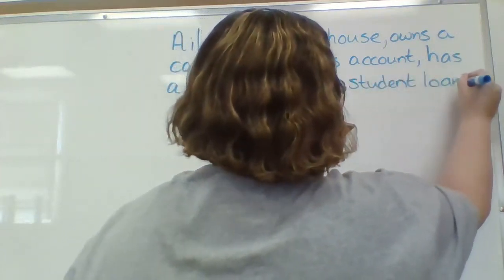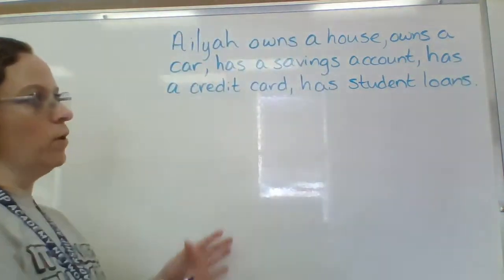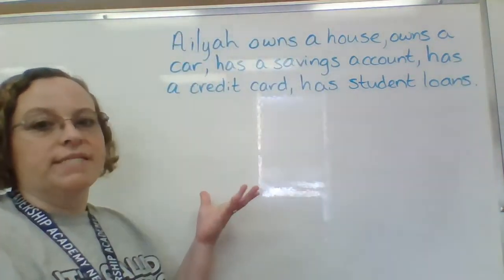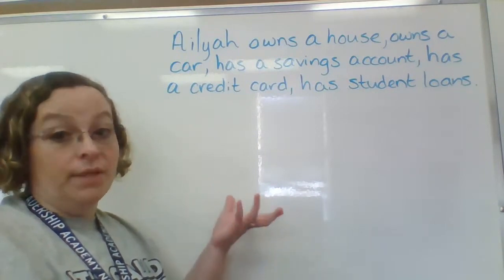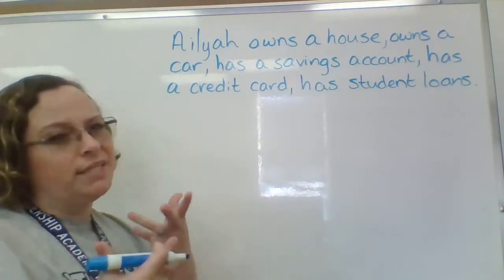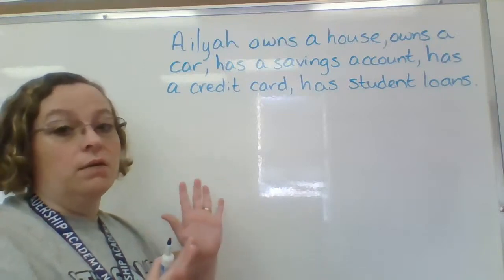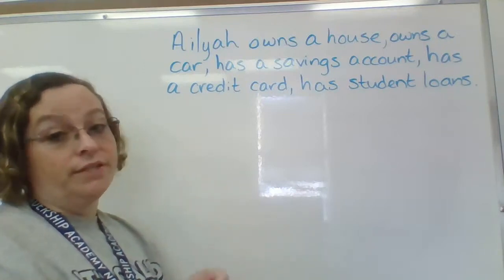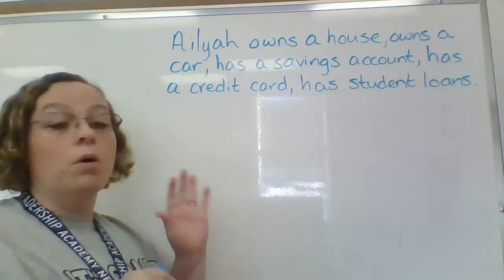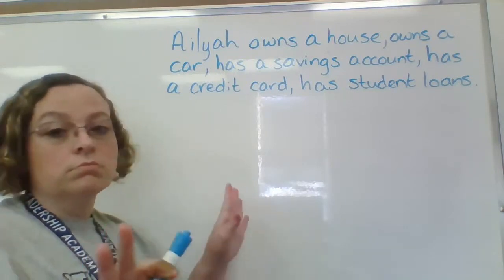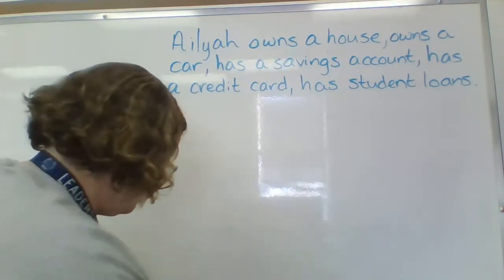All right. So before I put any money with any of it, we're going to look at this and break these down. Which of these are assets and which of these are liabilities, okay? You've got to understand the difference before we even put any money with it. Because if you screw up which is which, the money part doesn't matter, okay?